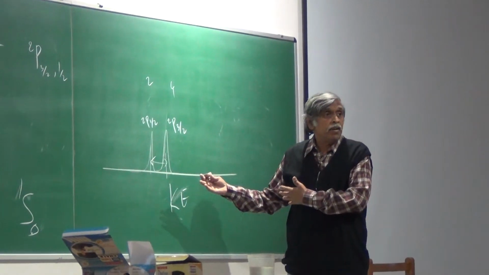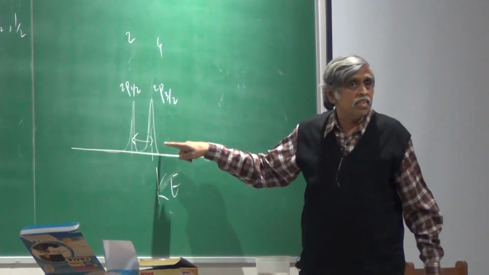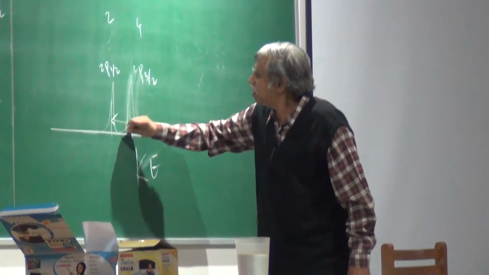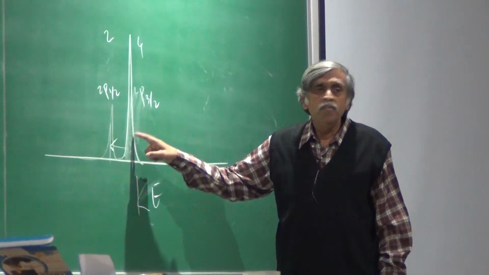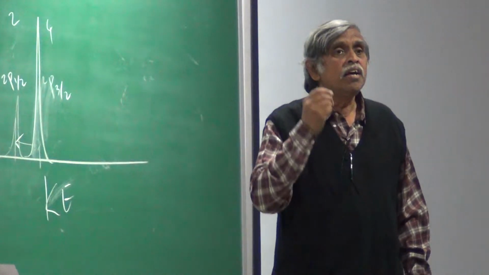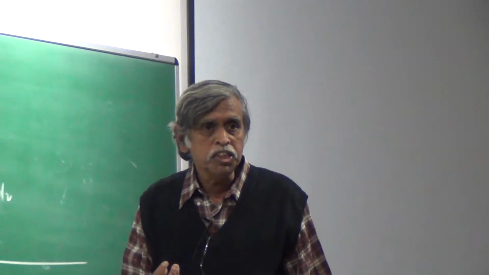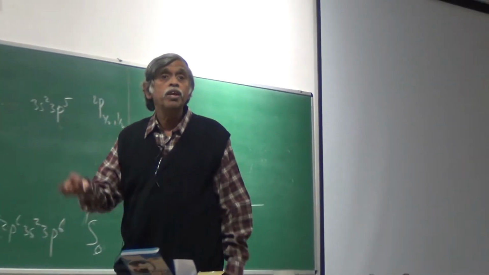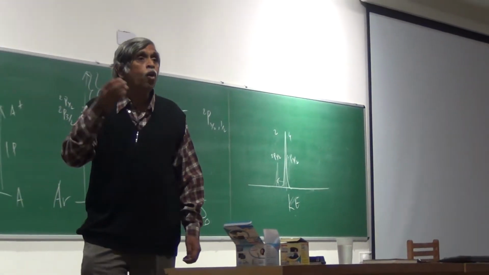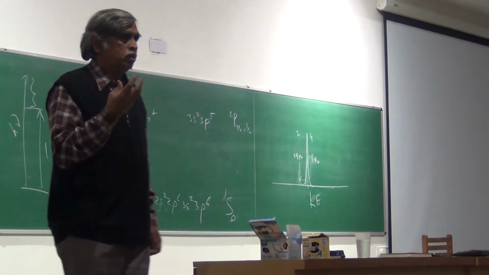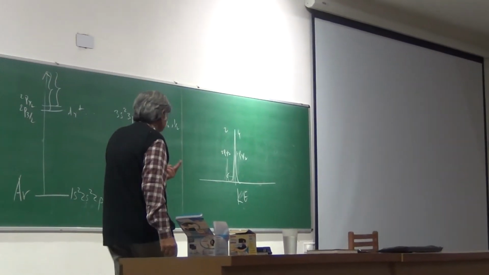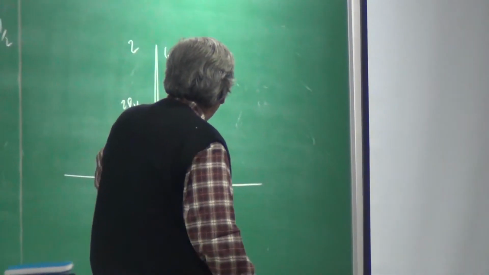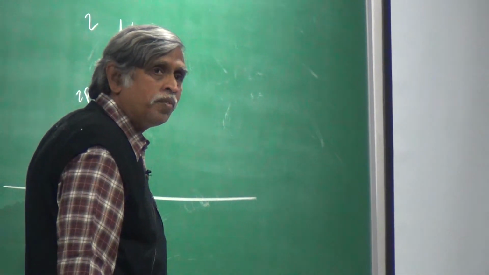So when I do the experiment, actually, I won't get these intensities. I will actually get an intensity that will look like this. The intensities are actually reflecting the populations, and the populations are actually determined by the degeneracy of those states. And therefore, when I do the argon experiment, I basically will get two peaks in my photoelectron experiment. It should look like this.